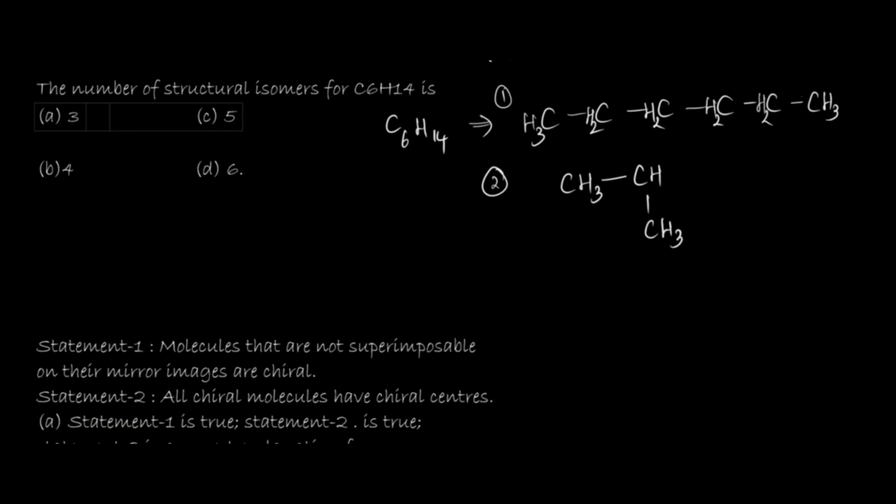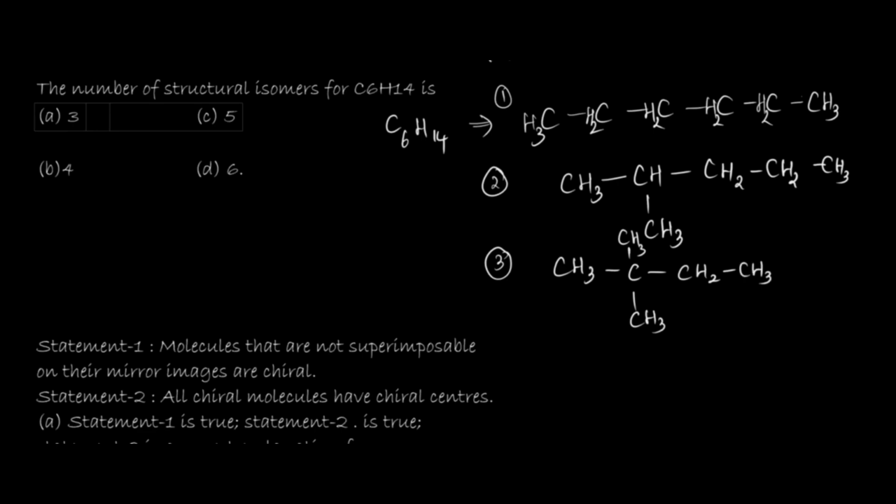CH, CH3, CH2, CH2, CH3. Third configuration, I can write it with isomers. I can write as CH3, CH3, CH2, CH3.